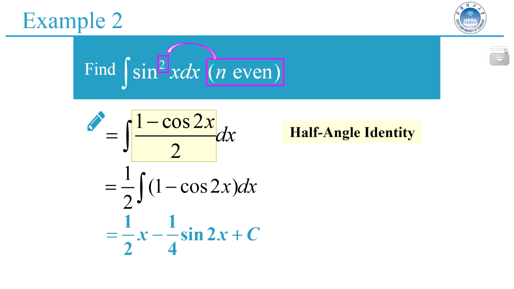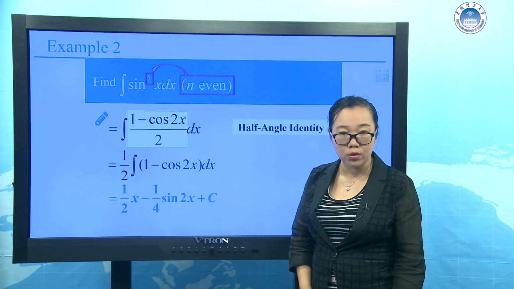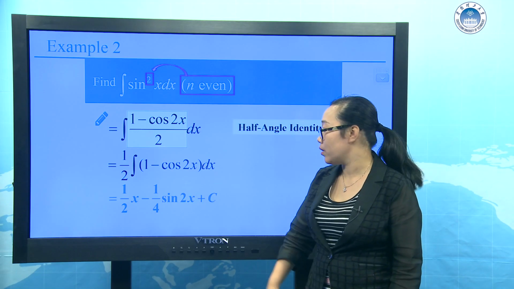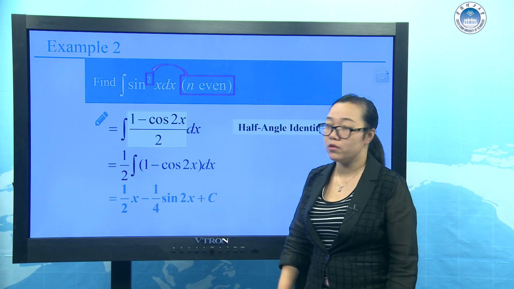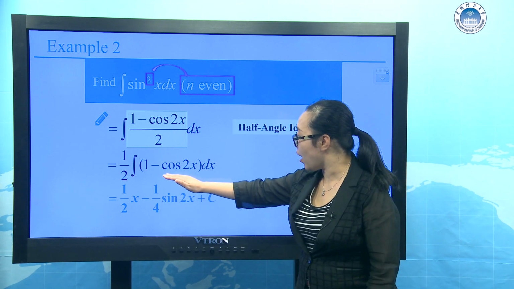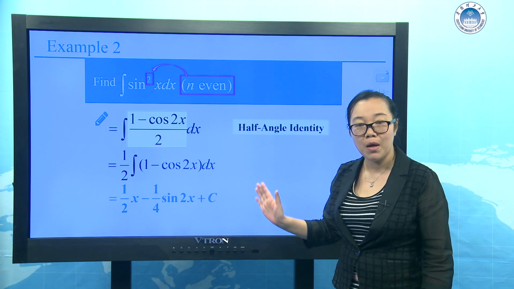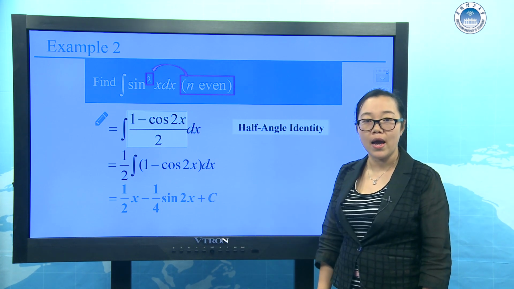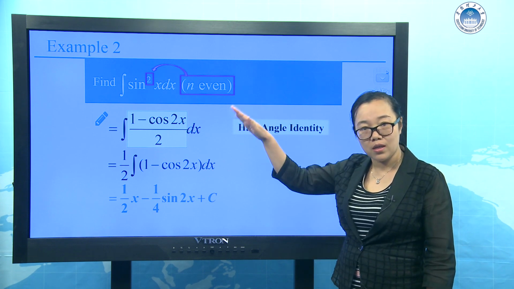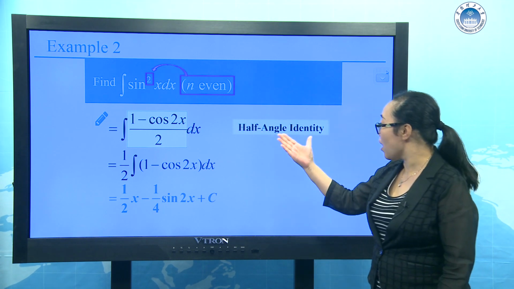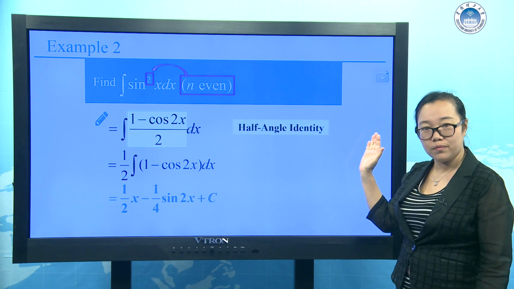So we can write it as half, copy 1 dx gives x, minus half cosine double x gives sin double x over 2. Half times half equals 1 over 4. So we can write it as minus 1 over 4 sin double x plus c. Remember the c. C means any real number. In this example, try to remember the half-angle identity.